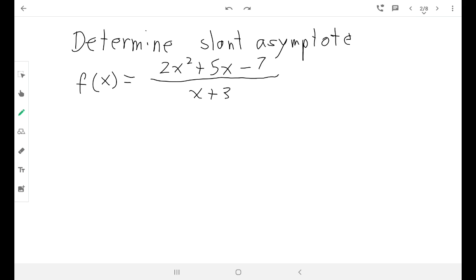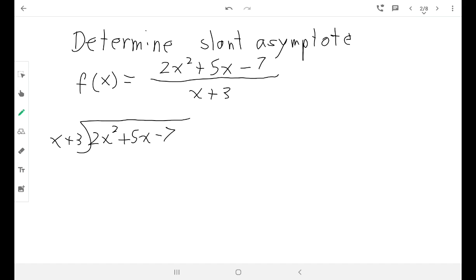And the way you figure out what the slant asymptote is, you have to do long division. Okay? So what you do is you say, okay, I'm going to do the top divided by the bottom, just doing the division that I'm being told to do here.